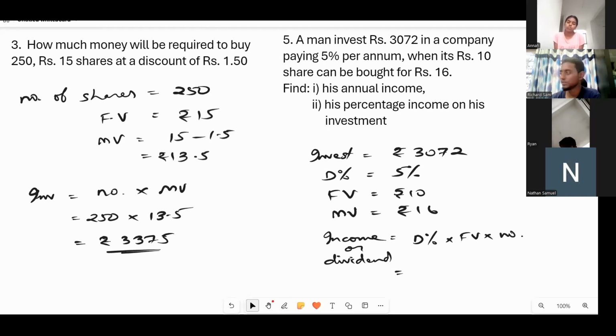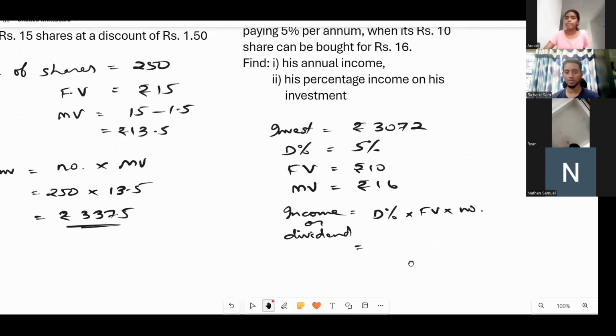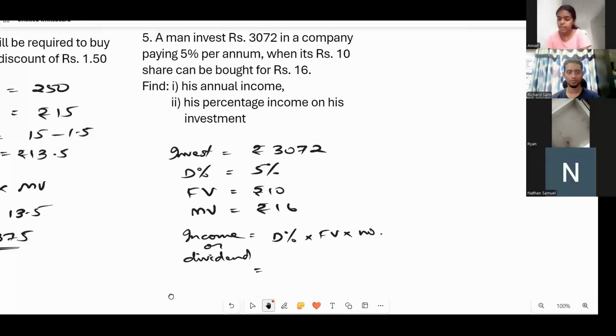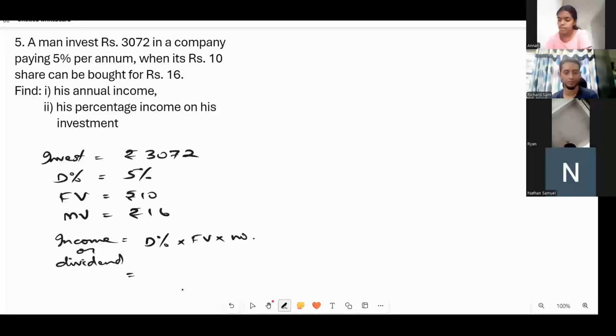Okay, so we have all the values. Oh, we don't have number of shares. So first we have to find number of shares. Okay, so how to find number of shares? Yes, we have that formula which has number of shares. That is, investment is equal to number of shares into market value.